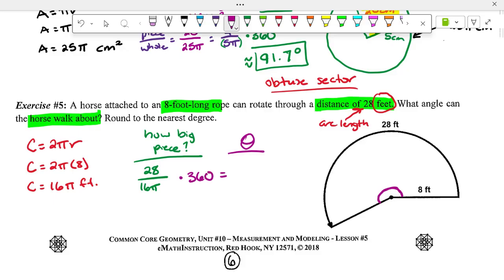If I put that in my calculator, make sure you put parentheses around the 16 pi. Do 28 divided by 16 pi, hit enter, and then times it by 360, and tell me what you get approximately. 200.54. So it's approximately 200.54 degrees, which if we round to the nearest degree, is about 201 degrees. So this angle is about 201 degrees.